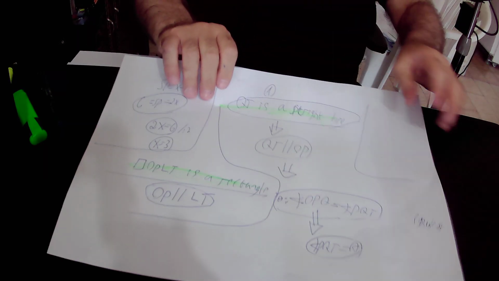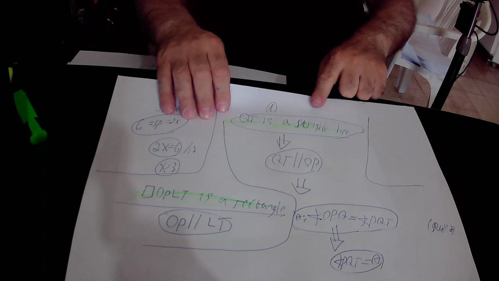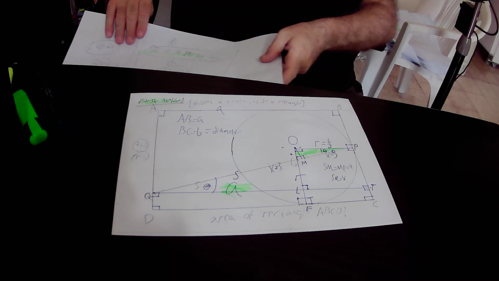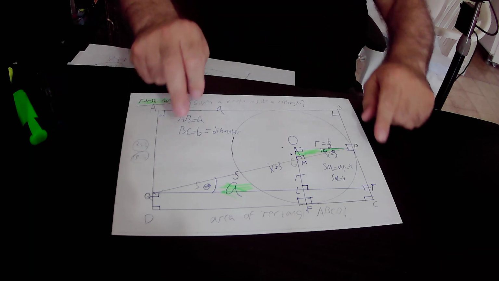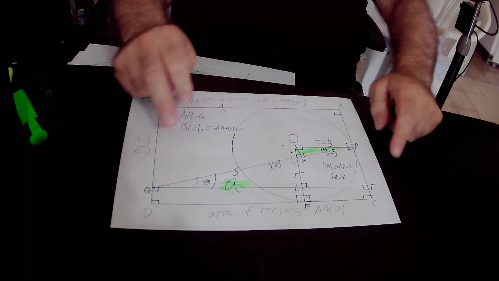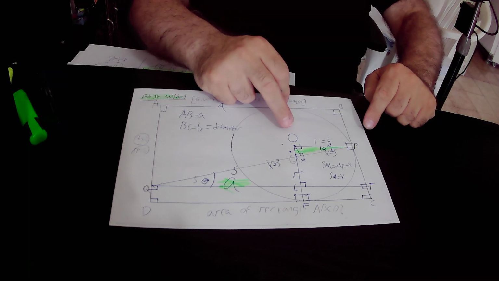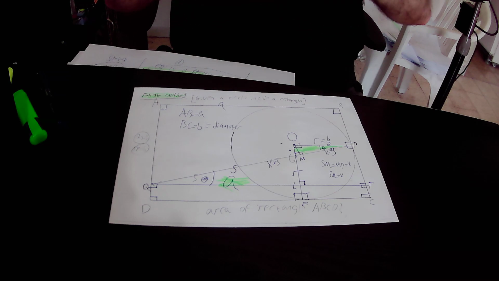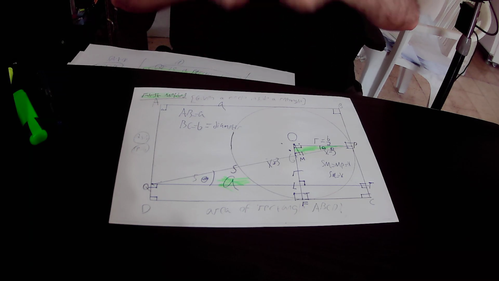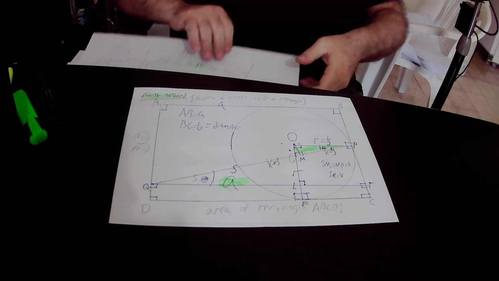So part of the straight line QT is parallel to OP. Therefore, the straight line itself must also be parallel to OP, because if a part of a straight line is parallel to another straight line, then the whole straight line must also be parallel to the other straight line.